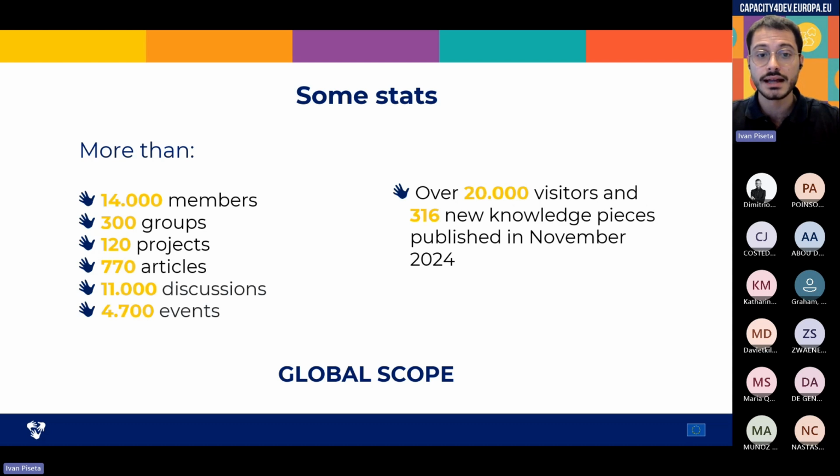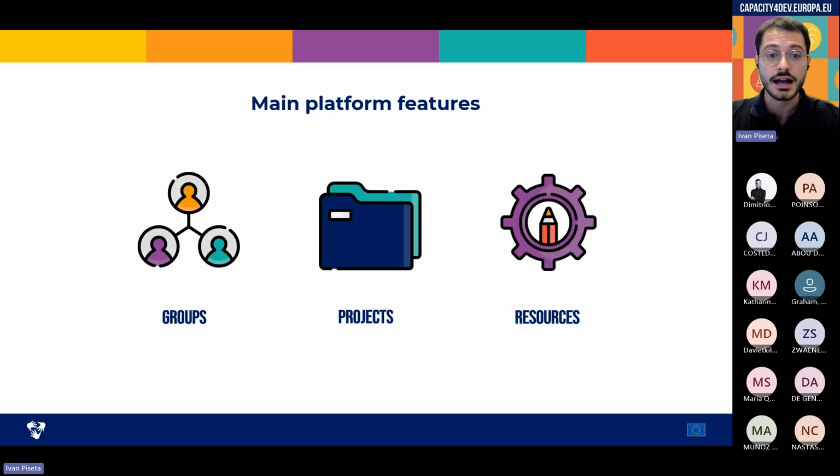But last month, for example, we had over 20,000 visitors, and 316 new knowledge pieces published in November. So it's an active community, a place for sharing and networking, and you can do that using our specific features.